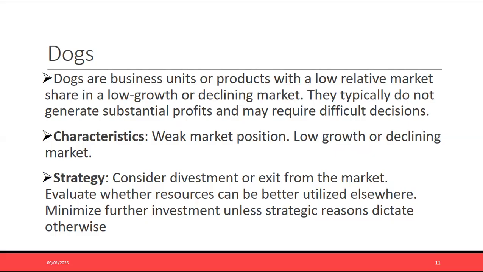So some of the things you can do at this point is either to divest or exit from the market, because the market share is low, the growth rate is low. Okay, so the best to do is either divest or to exit from the market. So you would evaluate whether resources can be better utilized elsewhere, right? Maybe in another product or in another business unit.